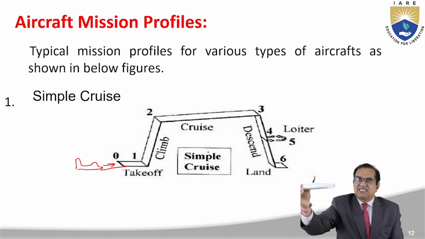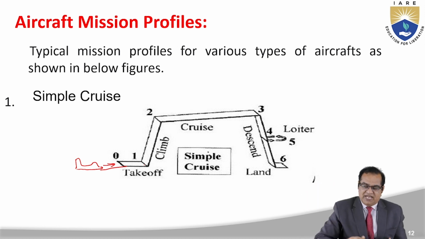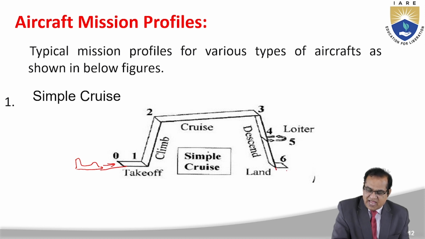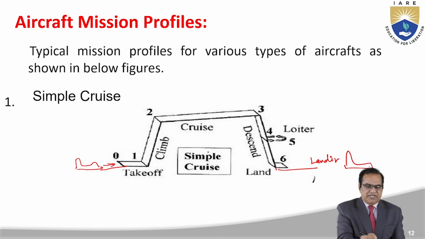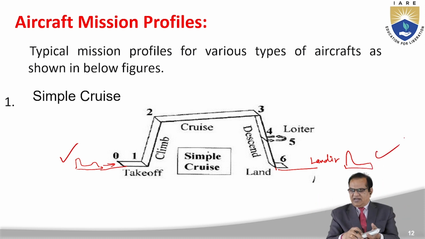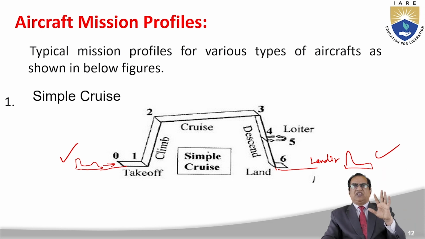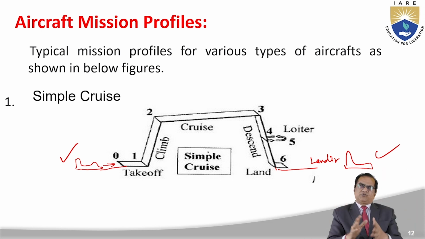Till the time ATC is not permitting, this is called the loiter. From there it will come down to the runway, and that is the landing. It started from here and reached here. It may be the same runway or another runway, or another district or another city. So this is a simple cruise flight.